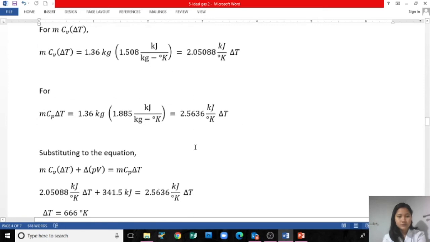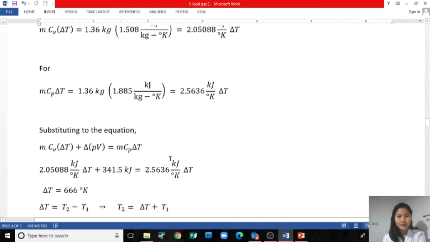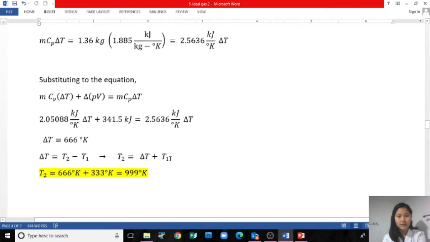Now for the mCp delta T, again substituting all the given to the equation, we have 2.5636 kilojoules per degree Kelvin delta T. Since we already have all the needed data, we could then substitute all of this into the previous equation, this one.